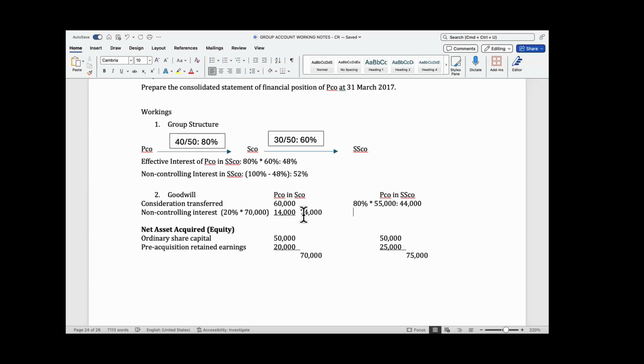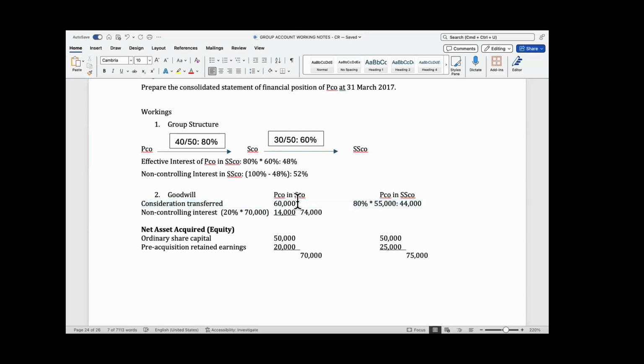Okay, we're using 52% because PICO is consolidating for SSCO and ESCO. So the NCI in SSCO is 52%. Okay, that's more like it. But additionally, this one is clear. This is consideration transferred, what the parent has paid in each of them.